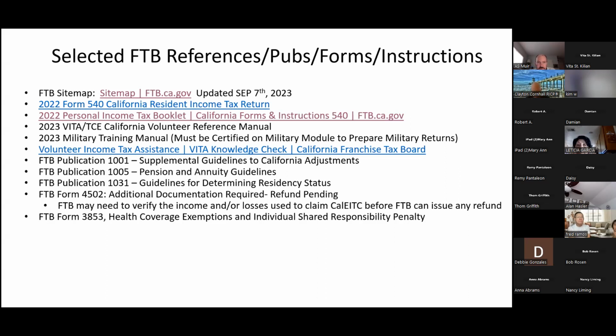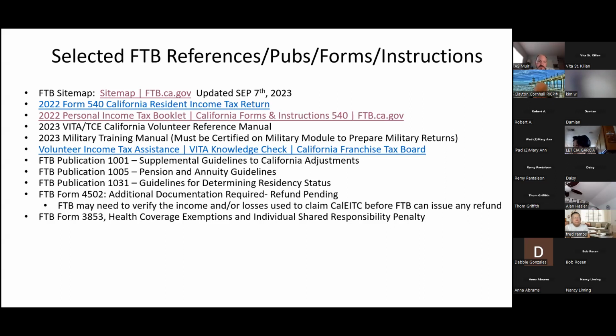Just like the IRS, the Franchise Tax Board has many, many different types of publications, and probably the one or maybe a couple of them that you might spend a little time with is the Pub 1001, which says supplemental guidelines to California adjustments.